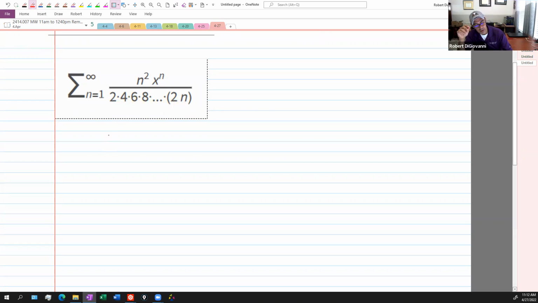So I'm going to do the ratio test here to figure out what's going on. So I'm going to take the limit as n goes to infinity of, okay, I've got to replace everything here with n plus 1. So n plus 1 squared times x to the n plus 1 over, now how am I going to write this? 2 times 4 times 6 times 8 times dot, dot, dot.